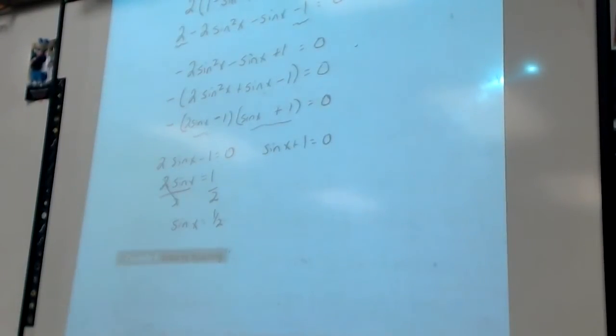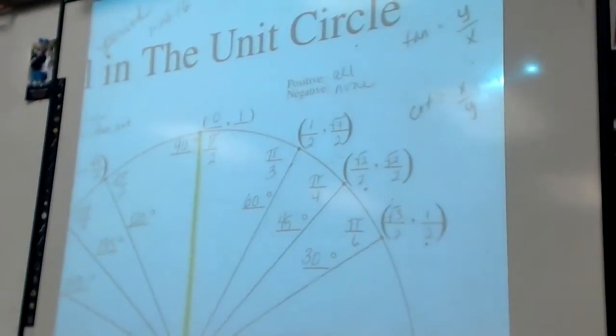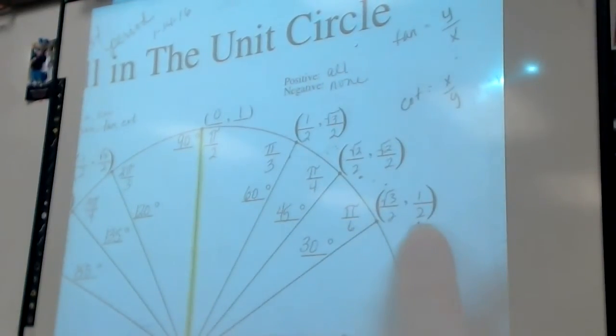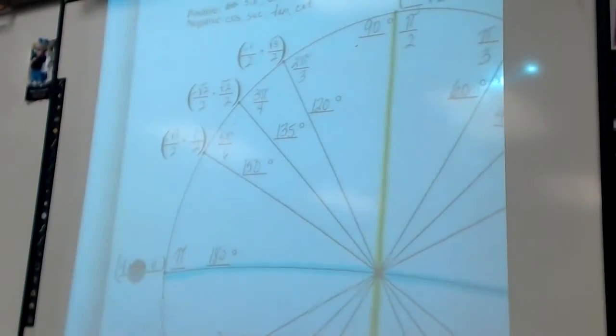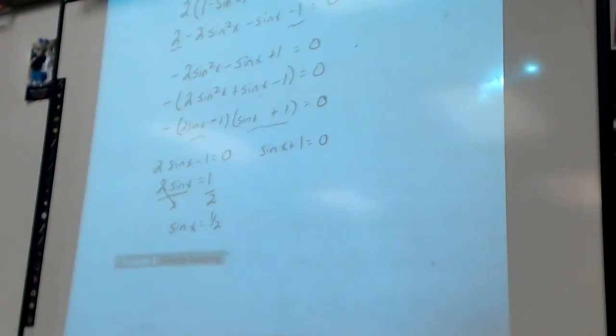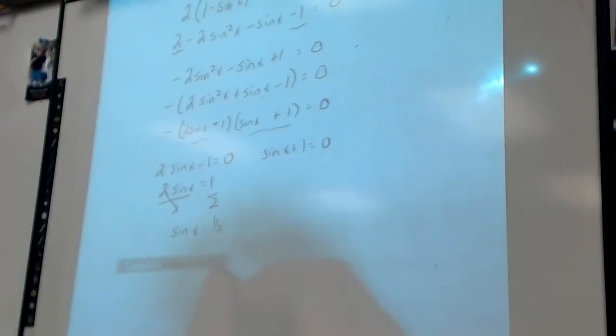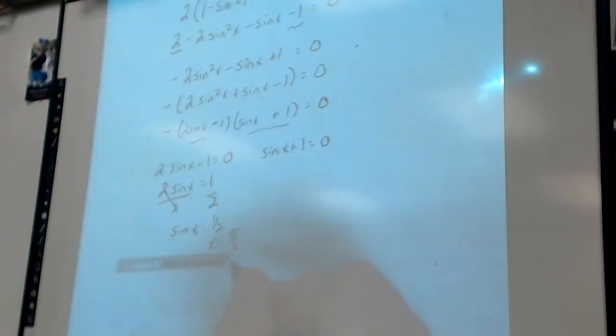Sine x equals 1/2. So sine is y. Positive 1/2, which is pi over 6. Also is 5 pi over 6. Anywhere else besides pi over 6 and 5 pi over 6? Nope, they're negative in quadrants 3 and 4. Yep. So that is our answer. So x equals pi over 6 and what? 5 pi over 6.